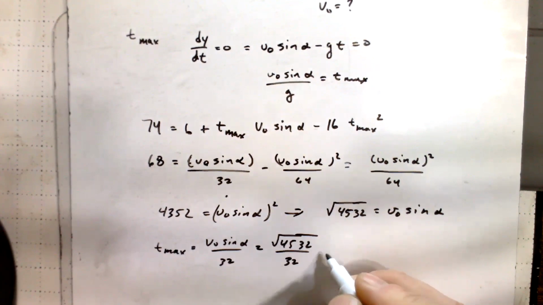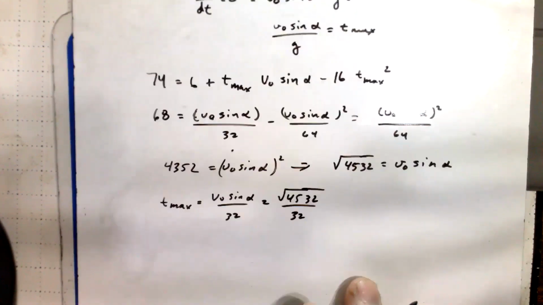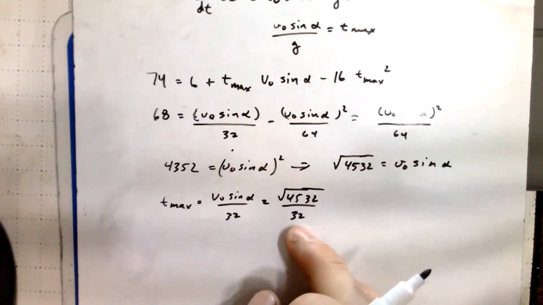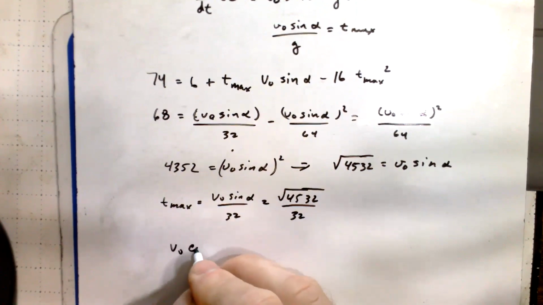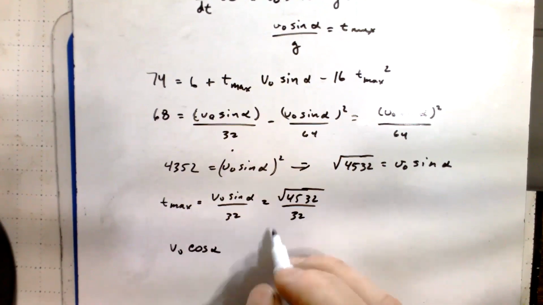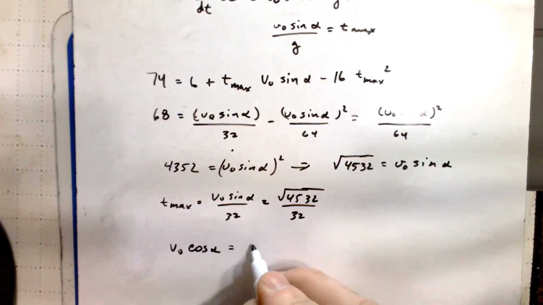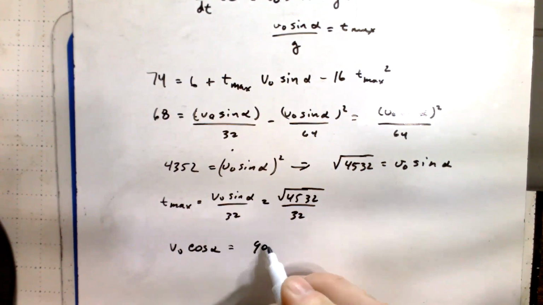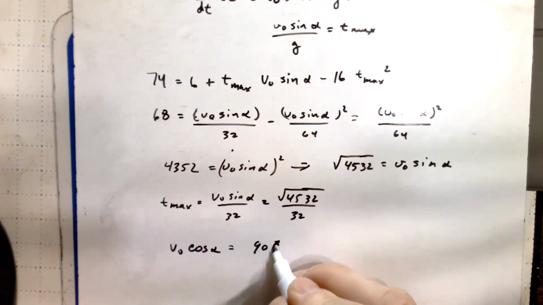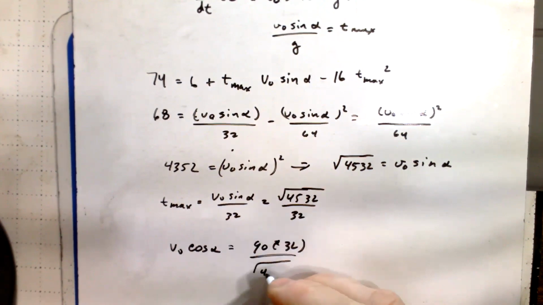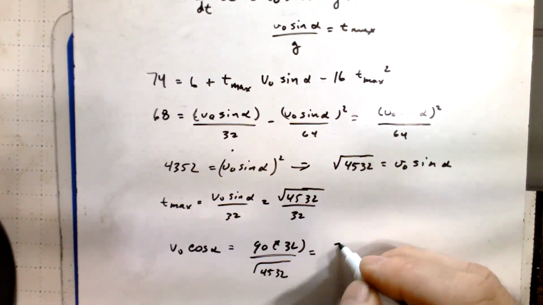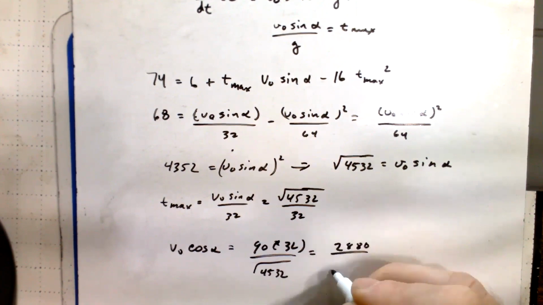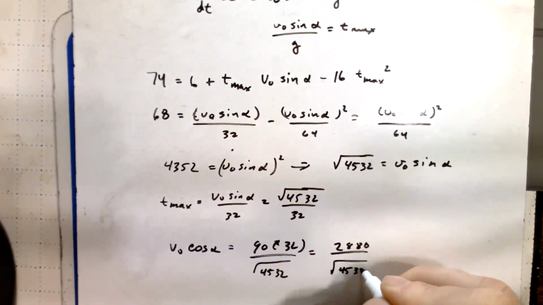And so that gives us T max. This is a numerical value now, so we can plug that back into V naught cosine alpha, which is equal to 90 times 32, that's gravity, divided by the square root of 4352, which gives us 2880 over the square root of 4352.